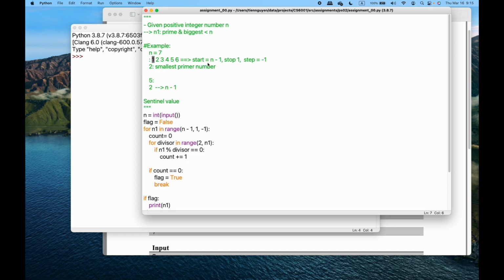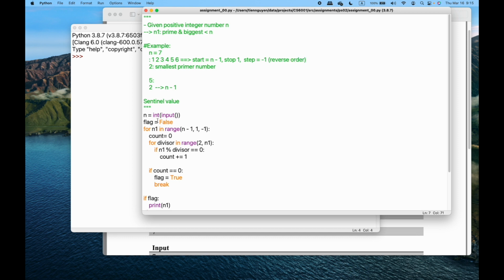So how can we go in descending order in a for loop? Keep in mind that in the for loop we have a parameter called step. If you pass a negative number, it means we are running the for loop in reverse order.